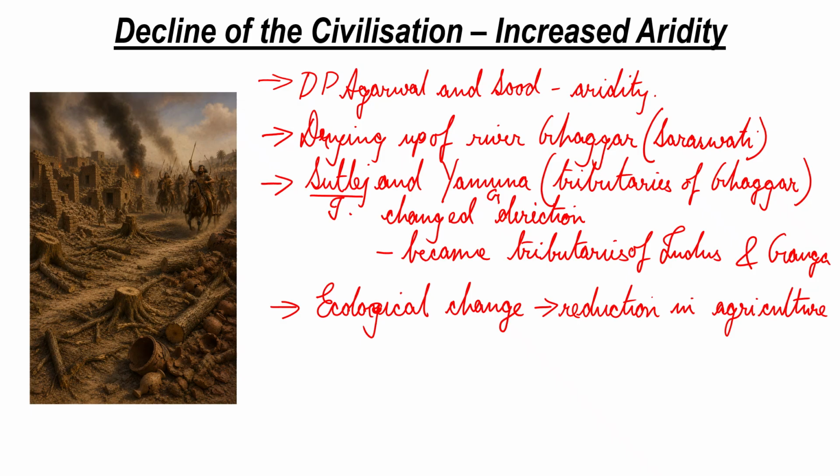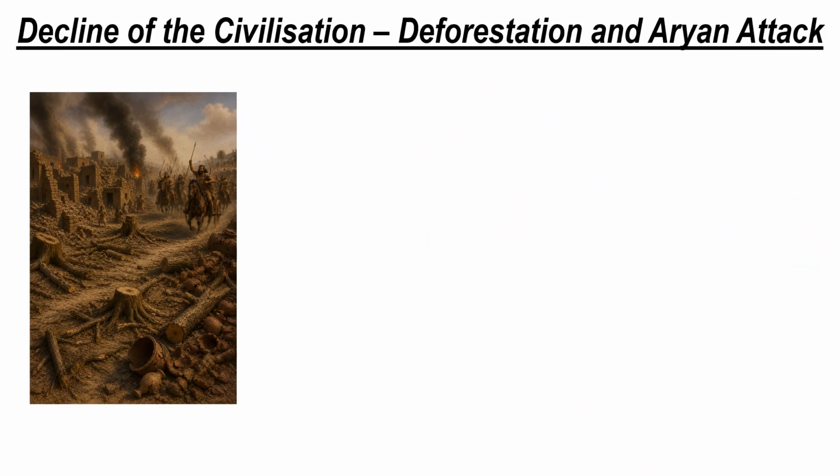Thus, the Harappan civilization declined. According to whom? According to D.P. Agarwal and Sood. There was another condition proposed, that is deforestation and Aryan attack.